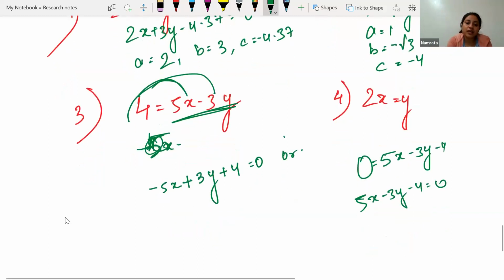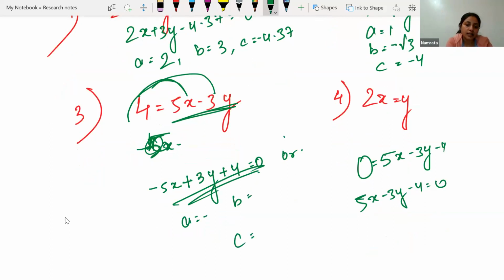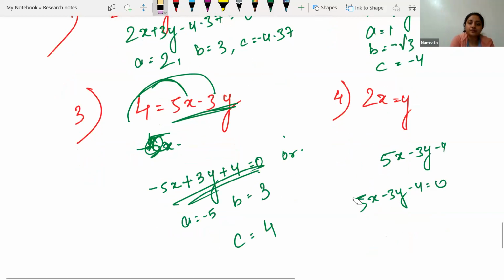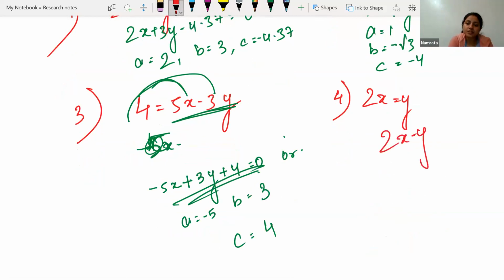So the A value, B value, C value according to this one: A is minus 5, B is 3, and C is 4. Let's do the last one. 2x minus y is equal to 0.